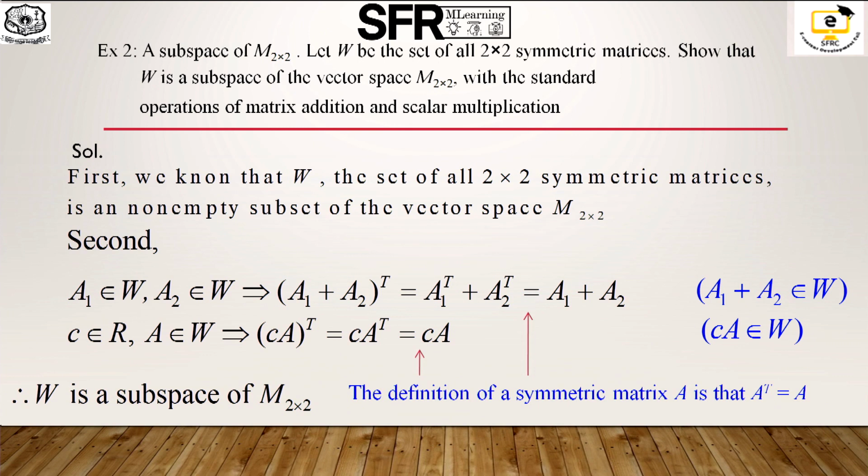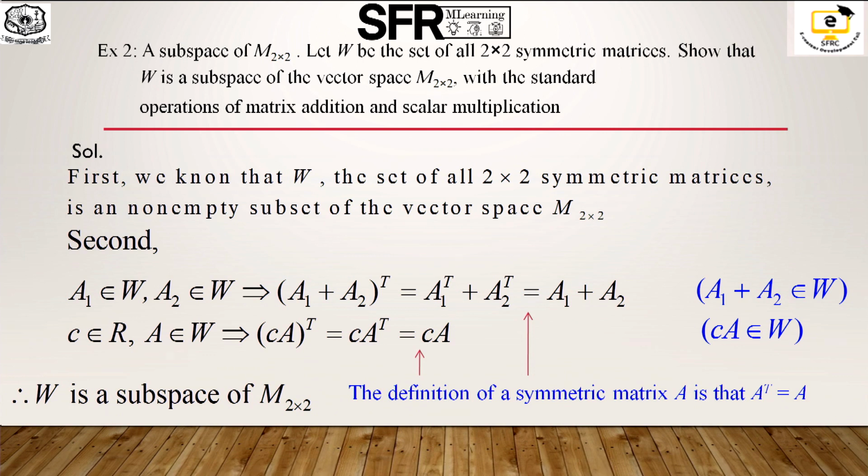Then we are taking c belongs to R as a scalar and A belongs to W as again a symmetric matrix. Here we are multiplying the scalar and the matrix. Then we have the scalar multiplication as CA, the whole transpose. Then it will become C into A transpose.